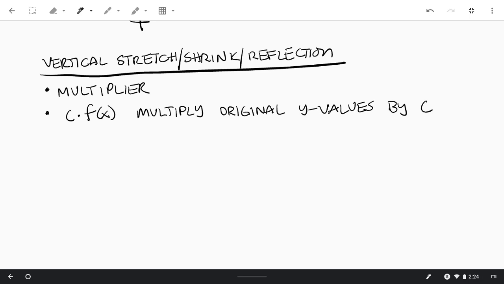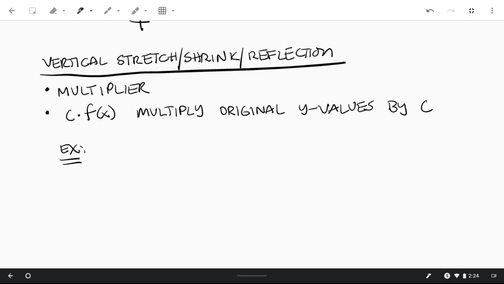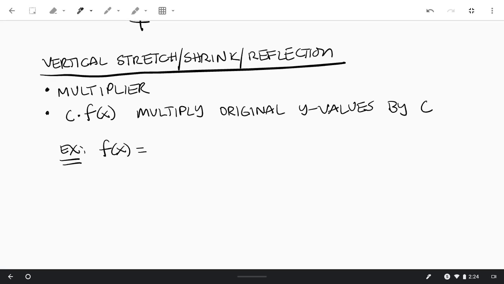For an example of what it would look like, maybe you have something like f of x equals 3 times one of those parent functions, and I'll just pick absolute value.